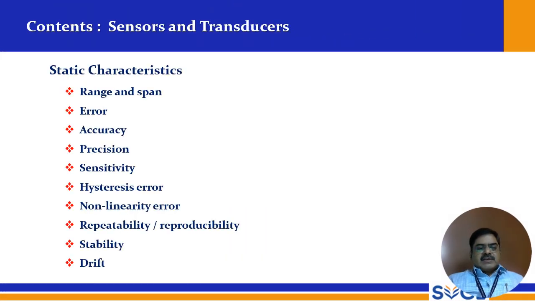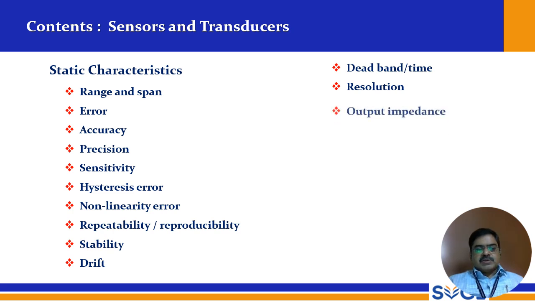So, static characteristics are listed here. The first one is range and span, error, accuracy, precision, sensitivity, hysteresis error, nonlinearity error, repeatability. It is also called as reproducibility, stability, drift, deadband, resolution, output impedance, threshold.